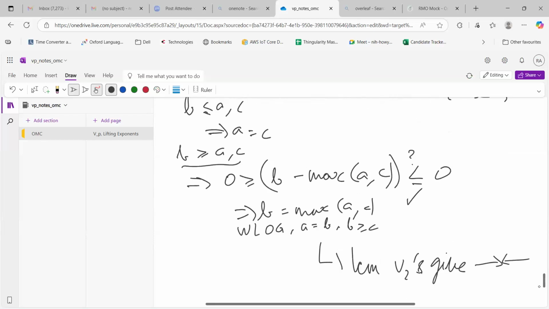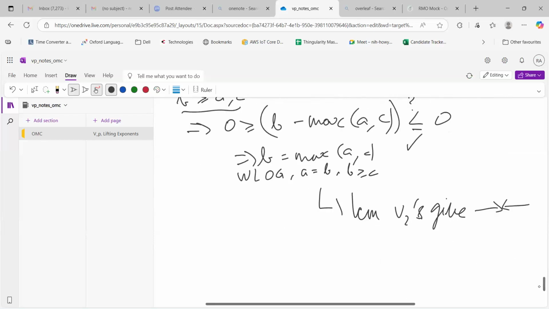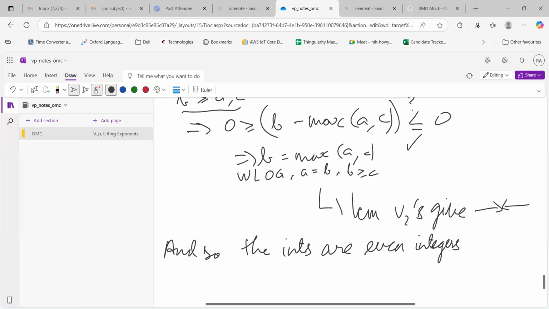So that means that odd integers cannot be represented in this way, and so the only integers that can be represented in the form LCM of x comma y plus LCM of y comma z divided by LCM of x comma z are just even integers, right? And we had the construction above. What was it? x equals z equals k, and y equals nk works, where n is some natural number. Has everyone got this?